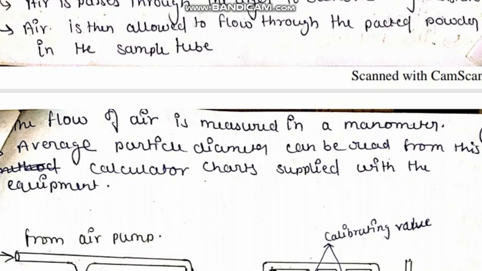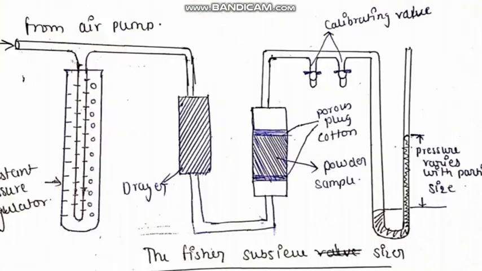Now we will discuss the instrumentation. This is the instrumentation of the Fisher subsieve sizer. It is a tube in which a constant pressure regulator is attached, and one end of this tube is attached to an air pump and another part of this tube is attached to a dryer.